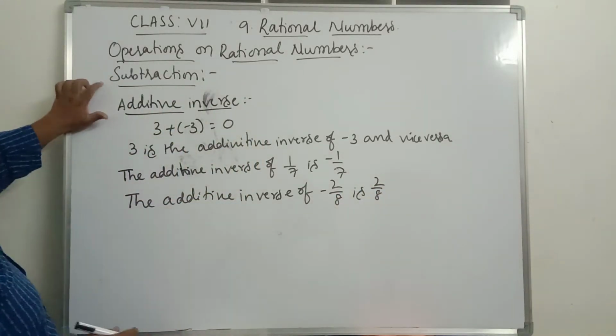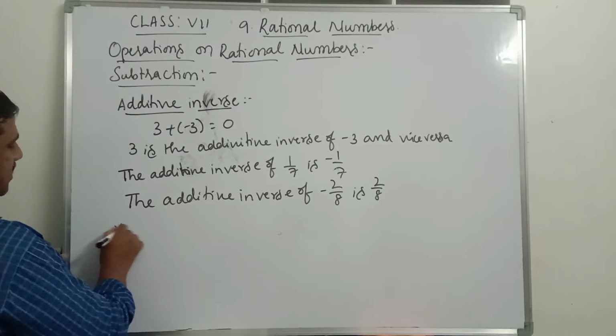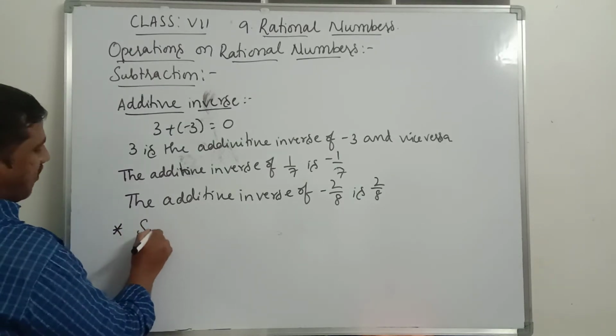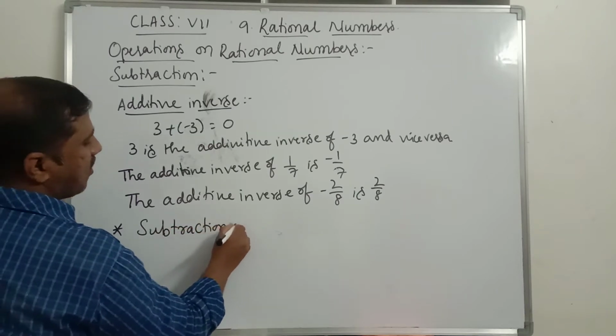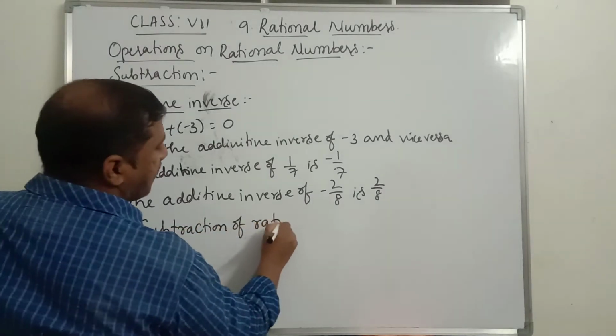Now how do we subtract two rational numbers?